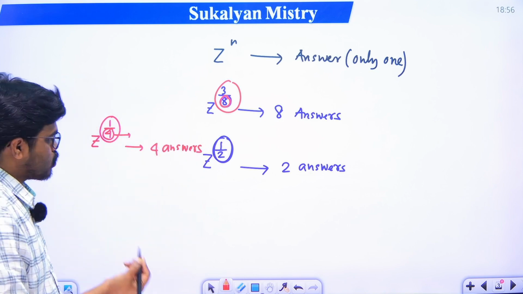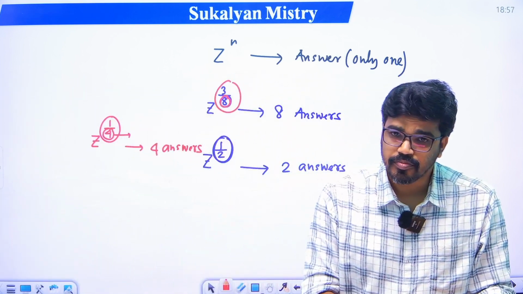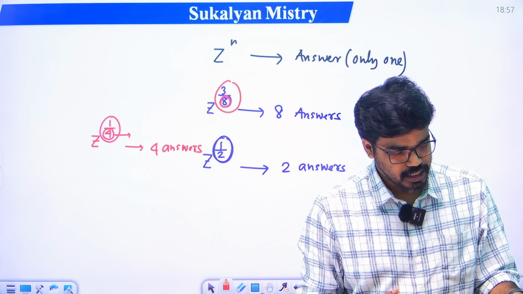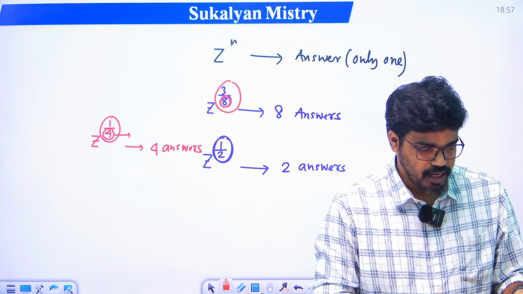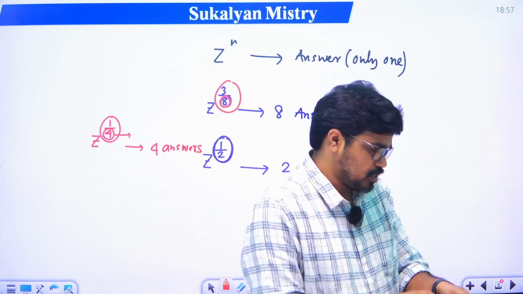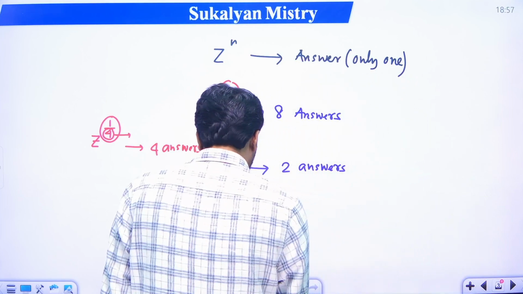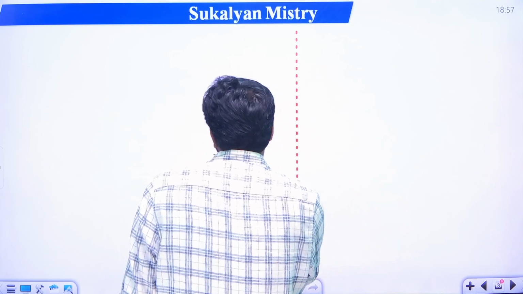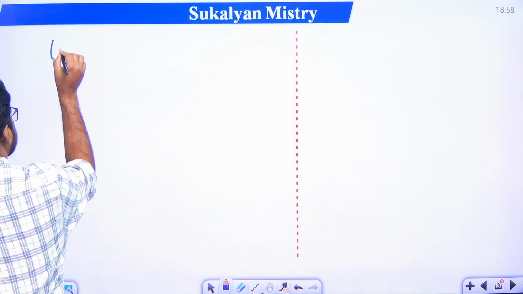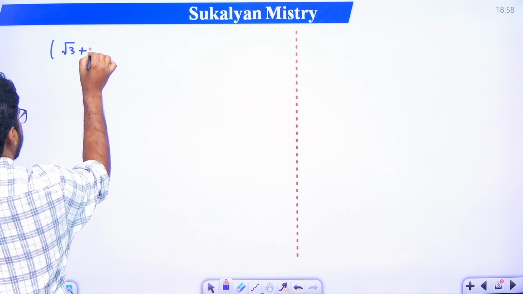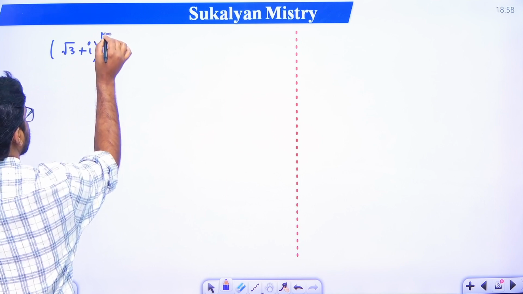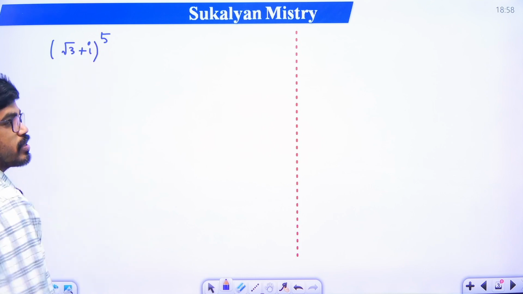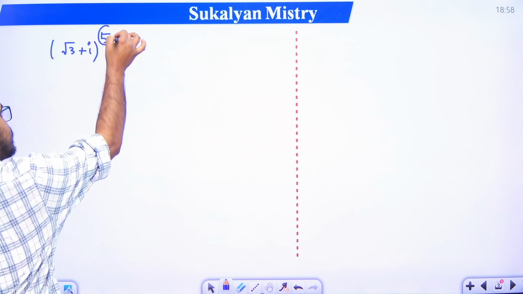Okay? So let us consider an example. I will discuss de Moivre's theorem with an example. Suppose we consider this: √3 plus i to the power 5. This is a complex number to the power 5, so this is an integer.